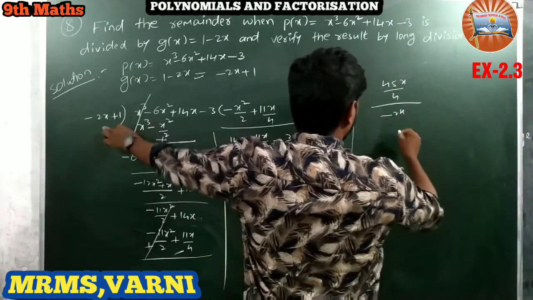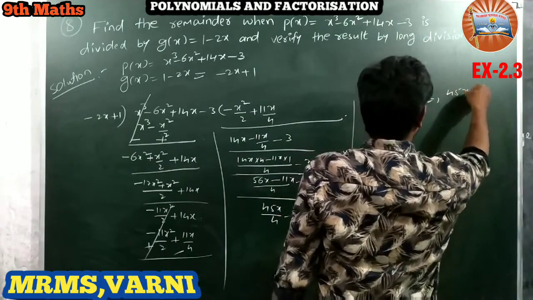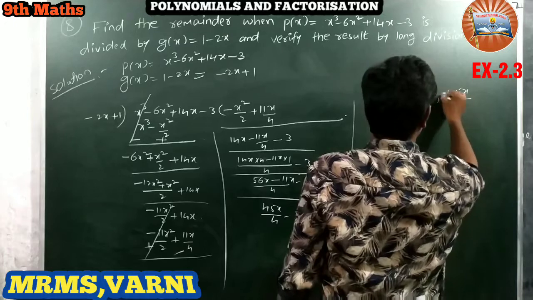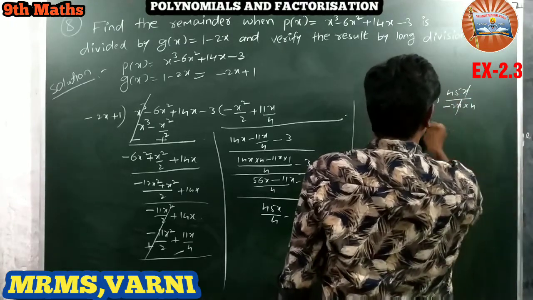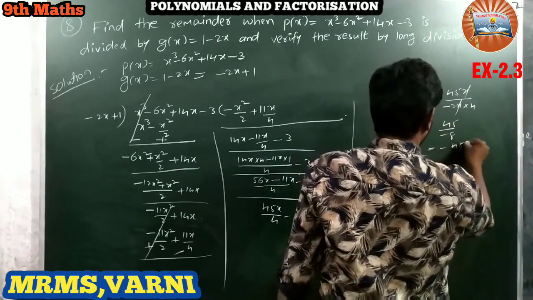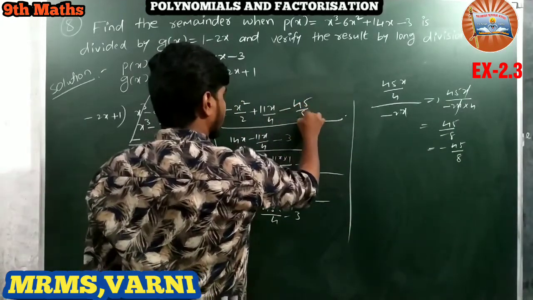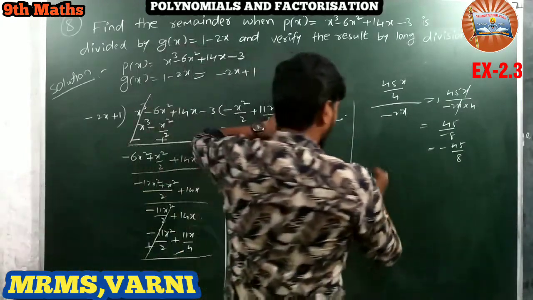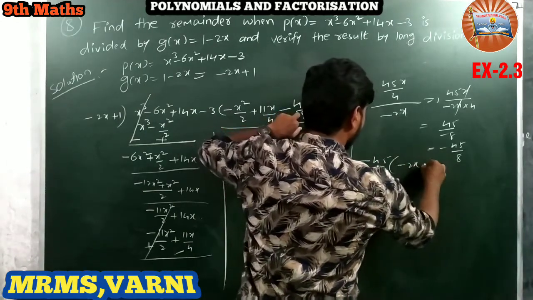Okay, so what becomes 45x by minus 2x into 4. X gets cancelled. What is that? 45 by minus 8, nothing but minus 45 by 8. So add on here minus 45 by 8 as the quotient, and multiply minus 45 by 8 into minus 2x plus 1.